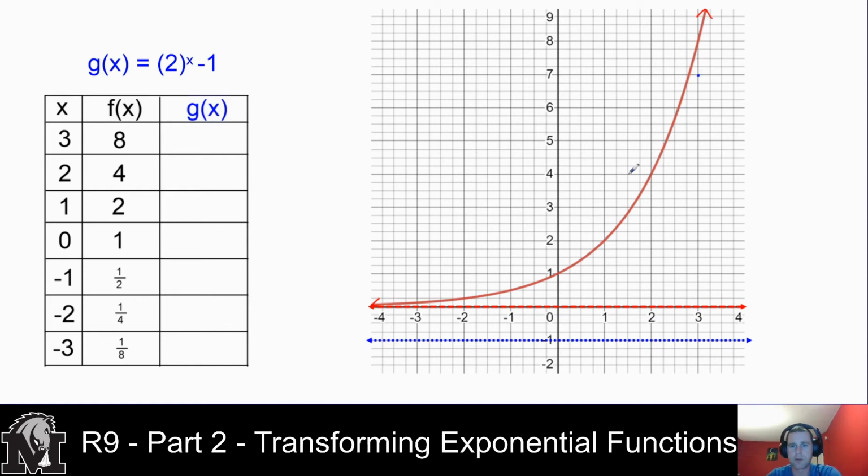And then the next nice one is 4 goes down to 3. 2 goes down to 1. 1 goes down to 0. And then this was 1/2, goes down 1 to negative 1/2. This was 1/4, goes down to negative 3/4. If you want to get really precise, that's 1/8. If you subtract 1, that's negative 7/8.